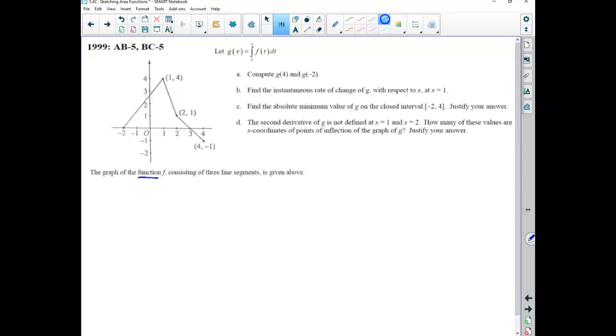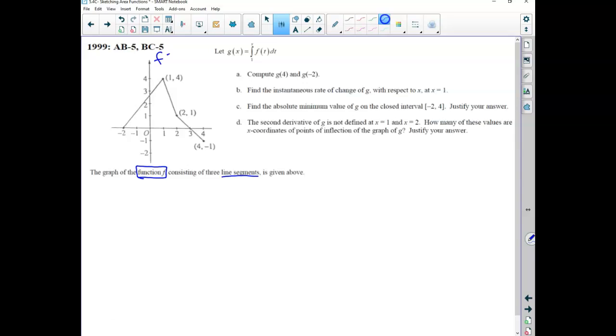The graph of f consisting of 3 line segments. You know, they're always going to give you line segments and semicircles for the most part because you can accumulate the area underneath them with a geometric formula, okay? And the graph of f is up there, and remember, G equals the antiderivative of little f.